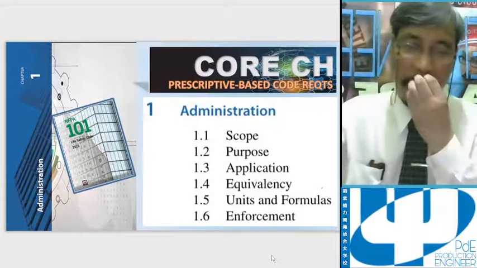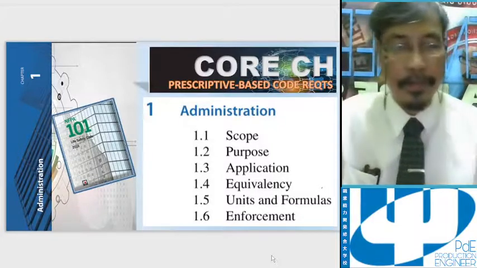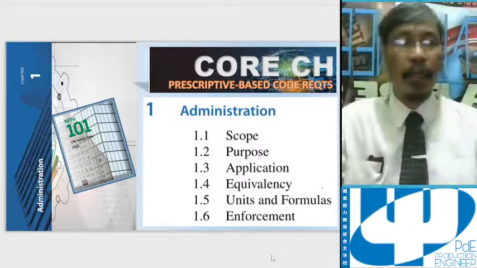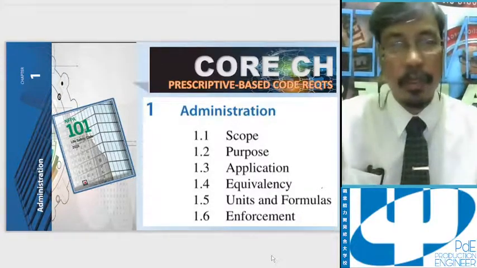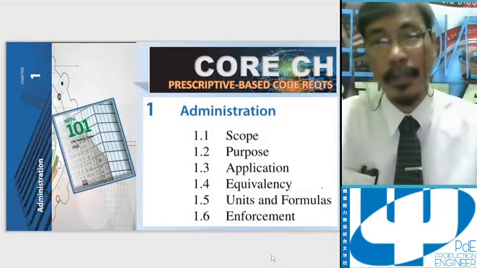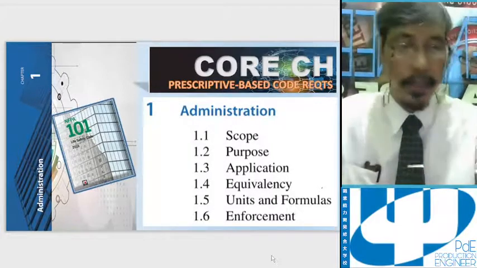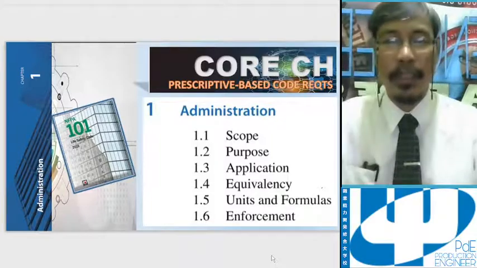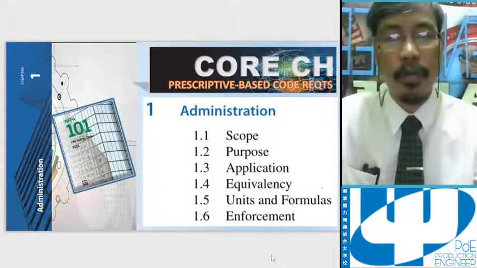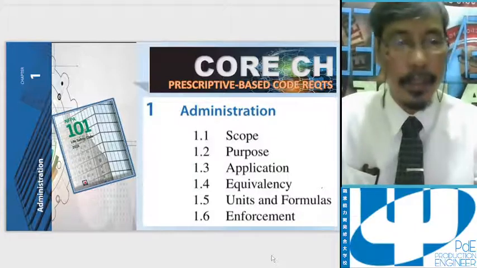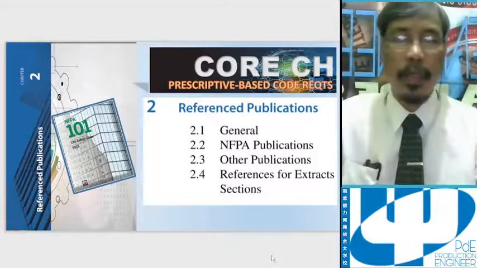So, for example, there are two systems of units. Okay? So, the code will specify those things. And lastly, we have enforcement. Okay? So, those are what we are going to expect in Chapter 1, Administration. How about Chapter 2?